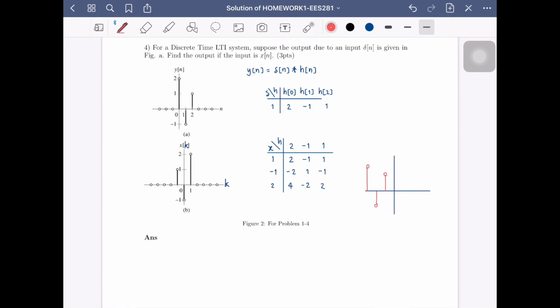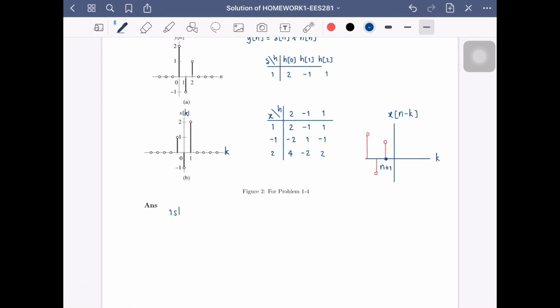This one looks like x[minus k], and then we shift with n, so we got x[n minus k] with the axis of k value. Then we know from the previous that at this point n is equal to 1, right? So we shift n into the signal x[minus k], so we got this point as n plus 1. Then we find the first overlap point.